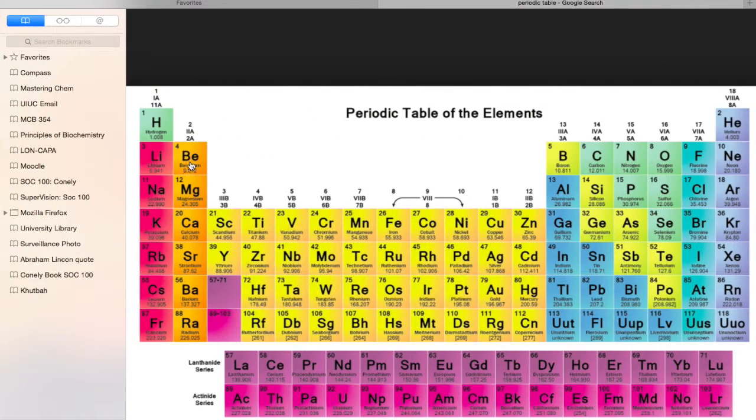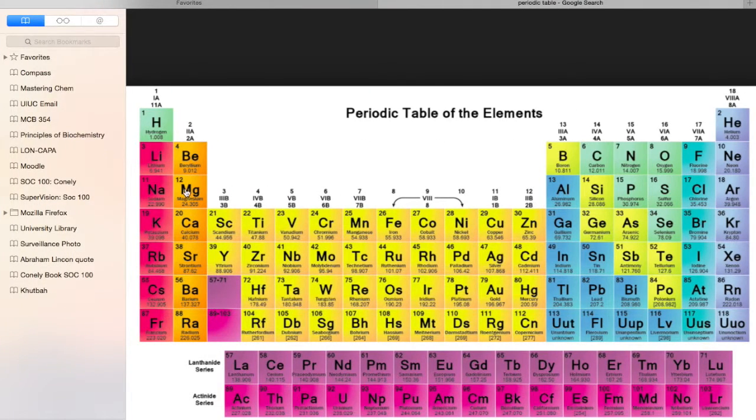If we look at the atom beryllium, it's in the S zone. If this is the nucleus of beryllium, its outer electron shell, or its valence electrons, and if that doesn't make too much sense to you, don't worry about it, just think of it as electrons.